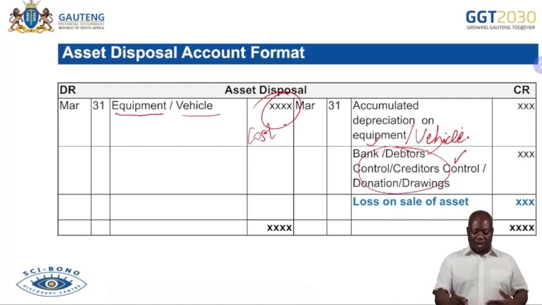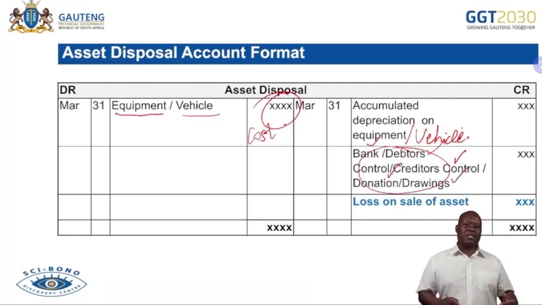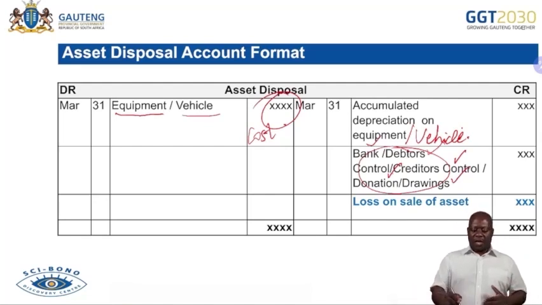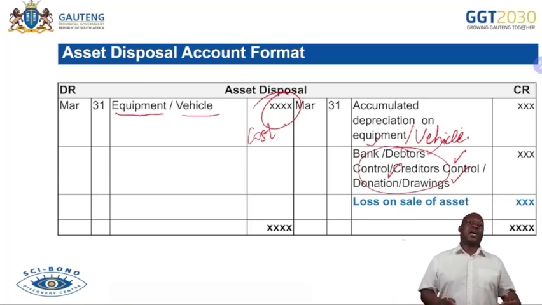That's a donation, another way of disposing. Or maybe the owner of the business takes it home for personal use. Then it becomes drawings. So here we are just indicating how we are disposing. There are many methods, so it changes depending on what the question is asking us.